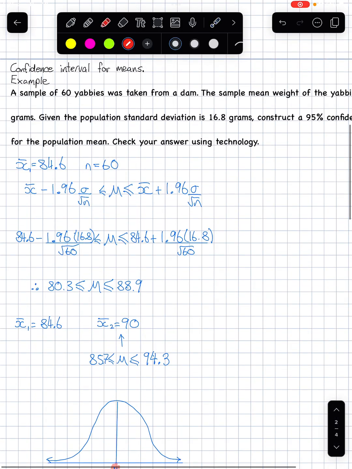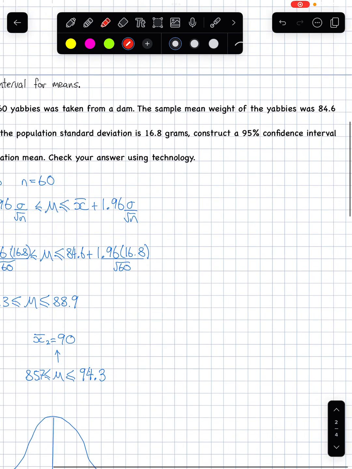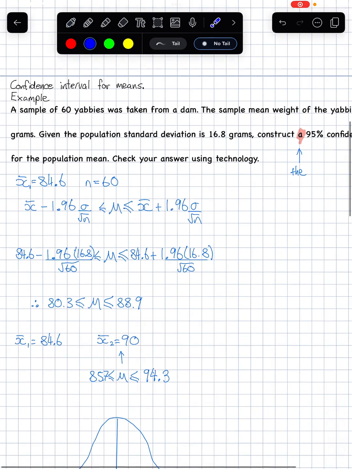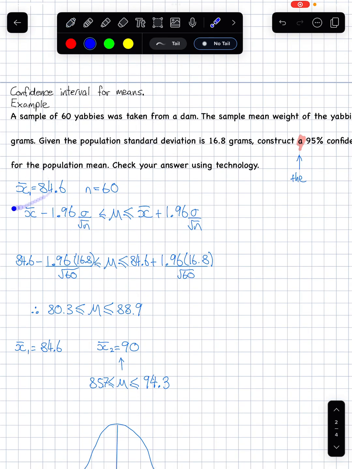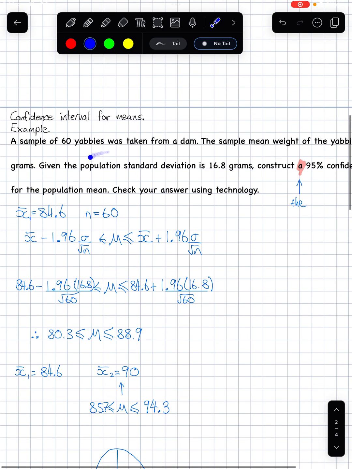Now, there's one more point, and I'm making this pretty clear here. When we come here, we have "construct a confidence interval." The reason it says "a" and not "the" confidence interval is this value here. You've got to remember that in these questions, a lot of the time, we're only looking at one sample. It is a sample from one random little sample.